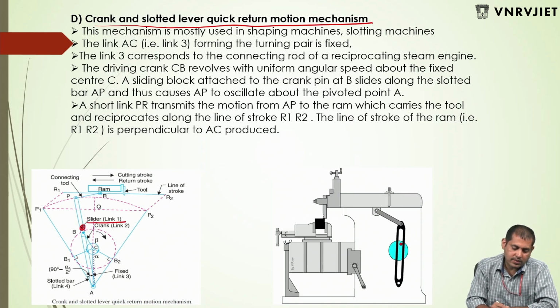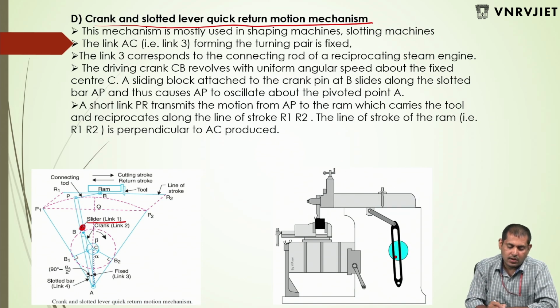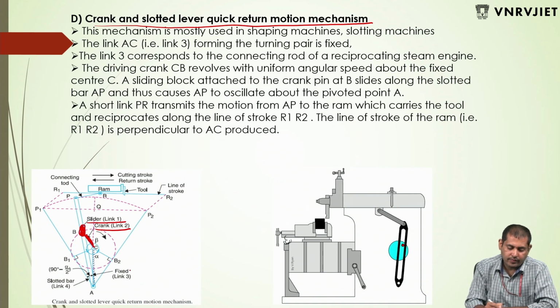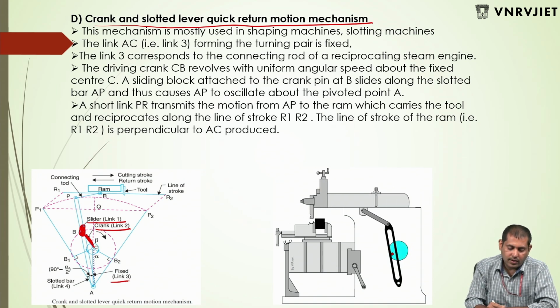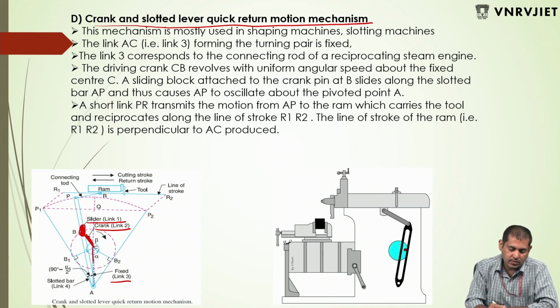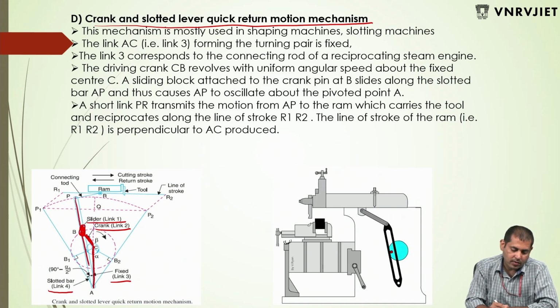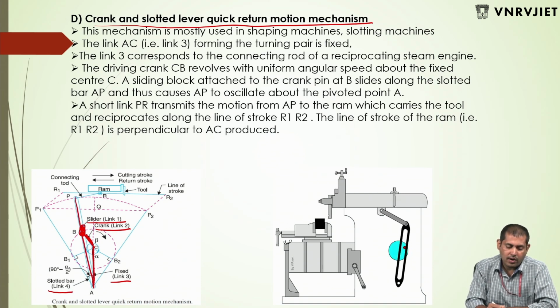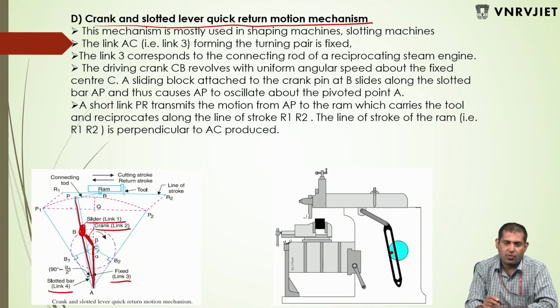Now link 2 is your crank. Link 3 is fixed. Link 4 is the slotted bar. So link 1, 2, 3, 4.